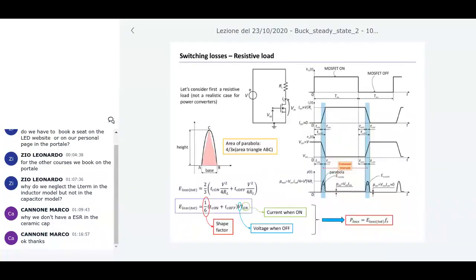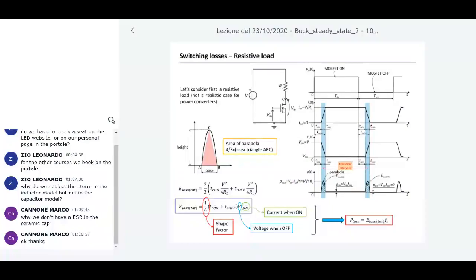Okay, this is what concerns the conduction loss. So conduction losses are the power which is dissipated when the transistors and the switches are on. What happens when the transistors are off? When they act like an open circuit, of course, they are not ideal open circuits, so the current flowing through them is not zero.